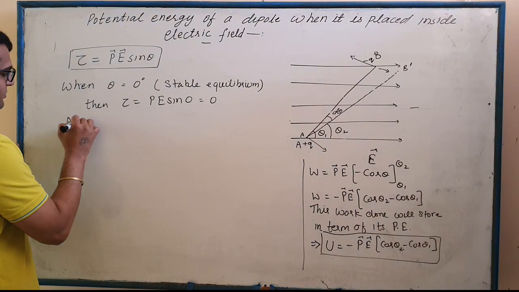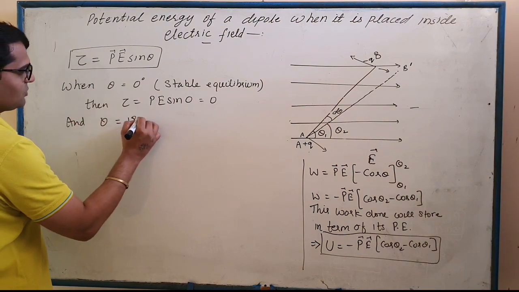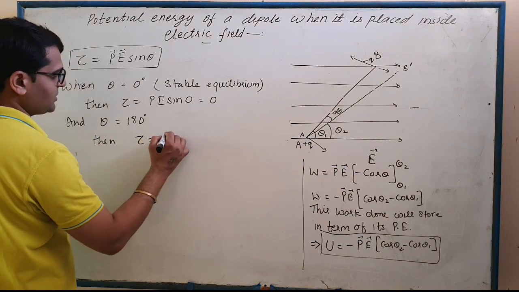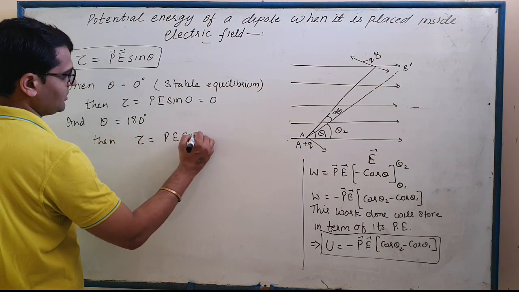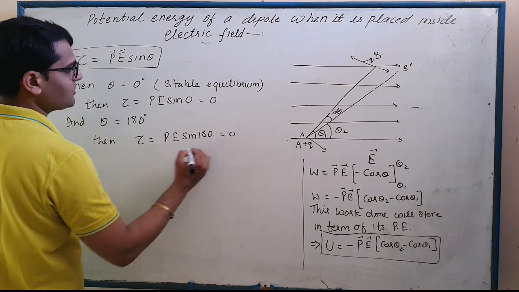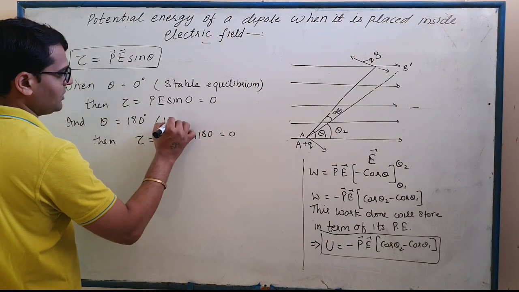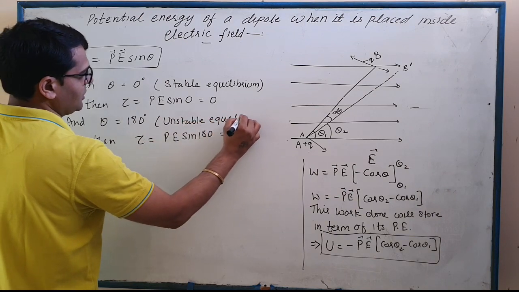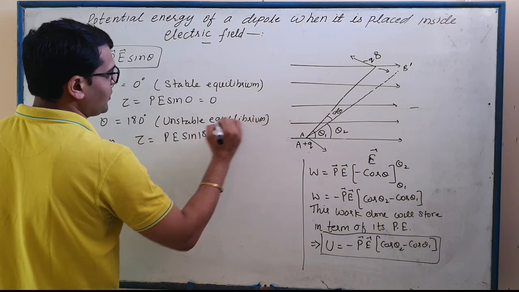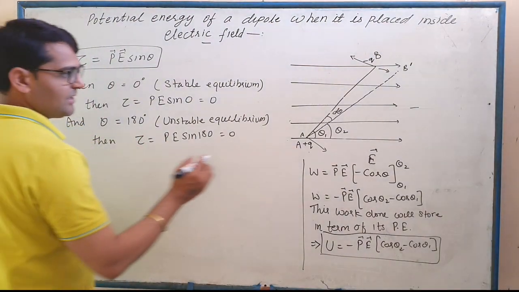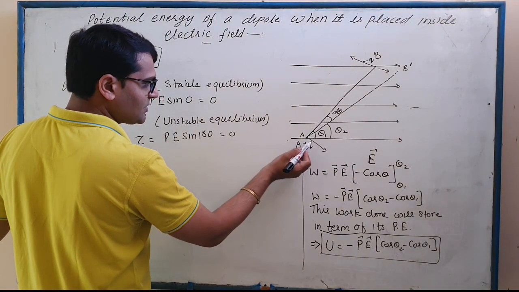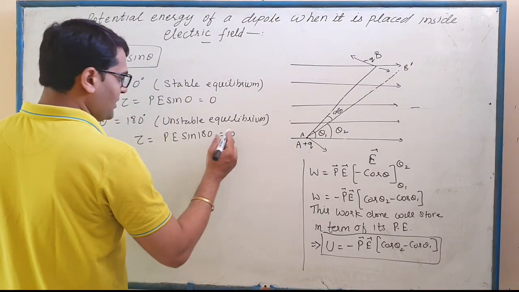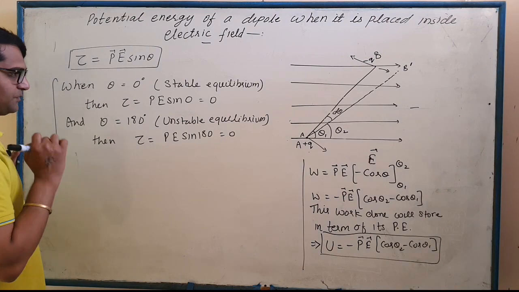And when theta is equal to 180 degrees, then also torque is equal to PE into sin 180, that gives us 0, but this time it will be unstable equilibrium, because it depends on the charge, whether it is positive in front of the positive part or negative in front of the positive part. So these are the 2 points.